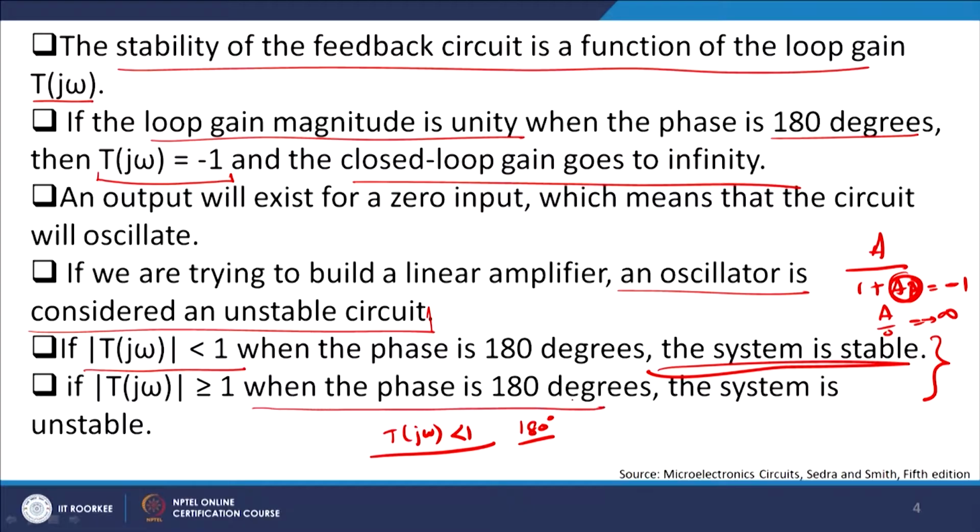When the phase is 180 degrees, at that point of time, if your T of j omega, which is the transfer function, is greater than or equal to 1, then in the denominator you get a negative T of j omega, and as a result you will automatically get 1 minus a quantity giving a small value in the denominator, and therefore you will get the system to be unstable in nature, right. Because it will be a rising wave function for your case, right.